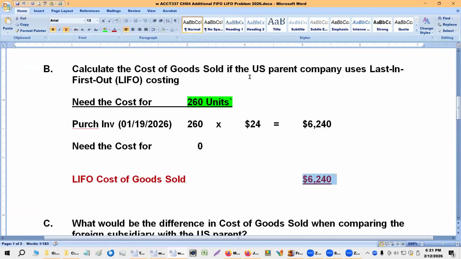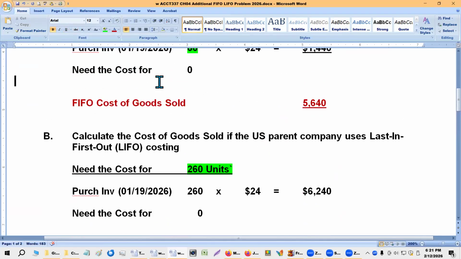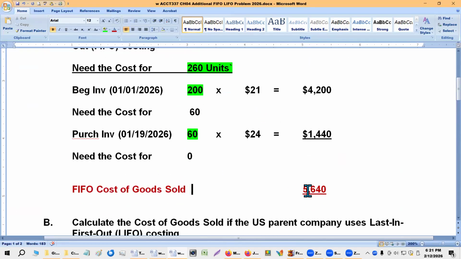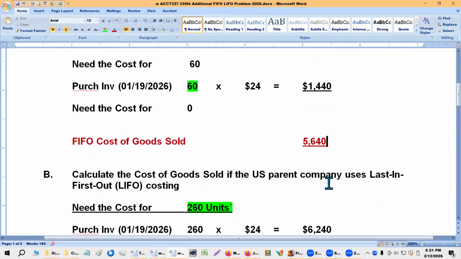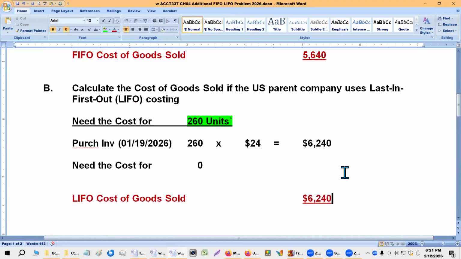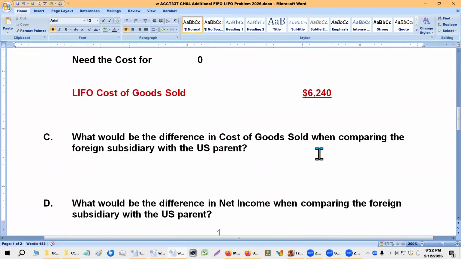So if we had all the inventory for the US company in LIFO, we would get this, probably off the financial statements and see how they came up with their cost of goods sold. We would recalculate their numbers using LIFO. And then this is what we'd have for our cost of goods sold for the subsidiary.